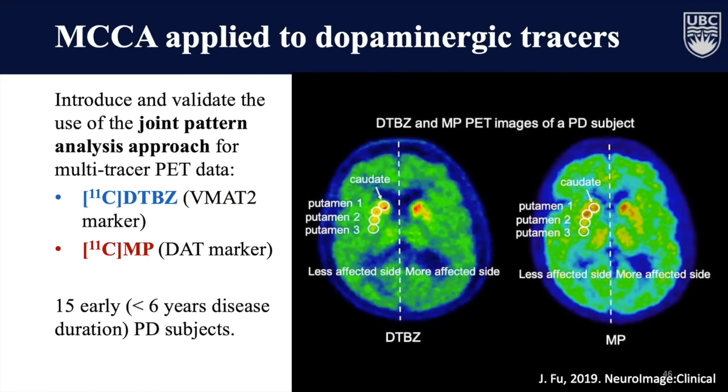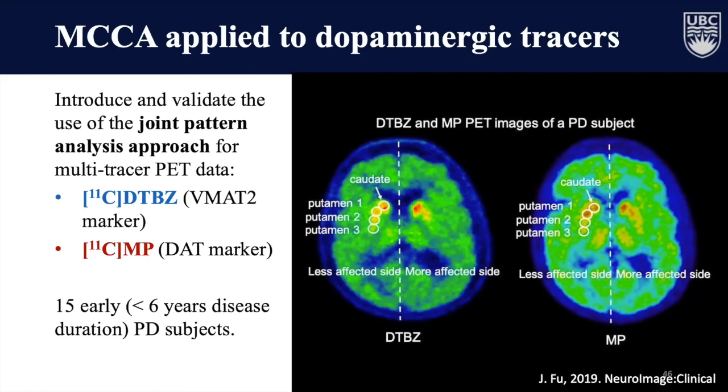Okay. So in the dopaminergic system, they're both markers for presynaptic dopaminergic neurons. VMAT2 is the vesicles inside the dopaminergic neuron, while MP measures dopamine binding to the dopamine transporter. The transporter is a measure of dopamine reuptake. Dopamine is released through those transporters and it can be reuptaken back into the neurons through those transporters.